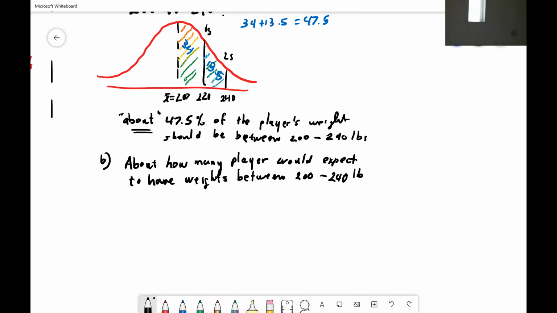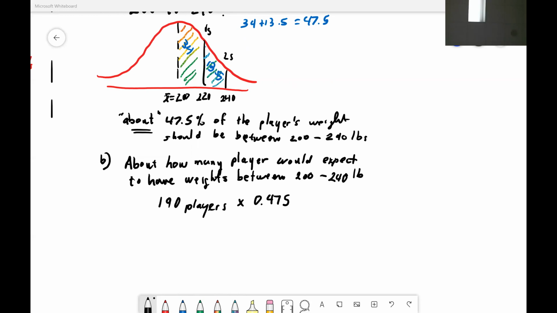So how many players did we start this question off with? 190, right? So what percentage of the players are between 200 and 240? We answered that previously, right? 47.5. So if we have 190 players, and we multiply it by the decimal representation of 47.5, that's how we would figure out about how many players we would expect. So 47.5% of 190 is what we will be solving. It's almost half.